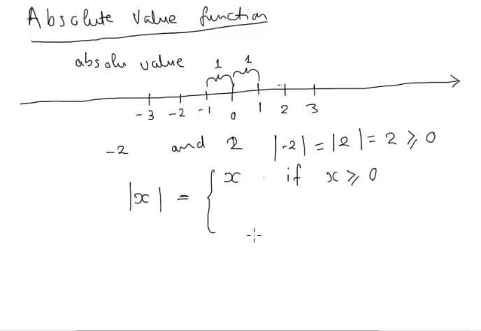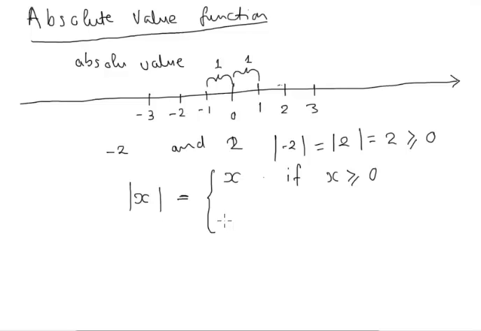Is it? Then, if you've got a number which is less than 0, and you want to produce a positive number from it, what would you do? You've got a number which is less than 0, which means the sign is negative, and you want to produce something positive.